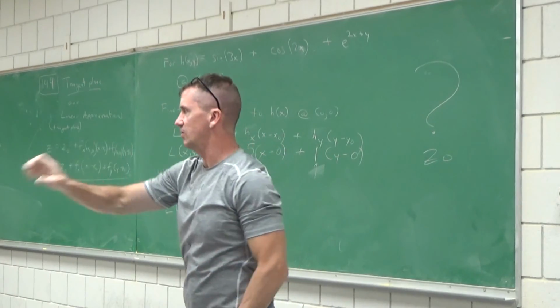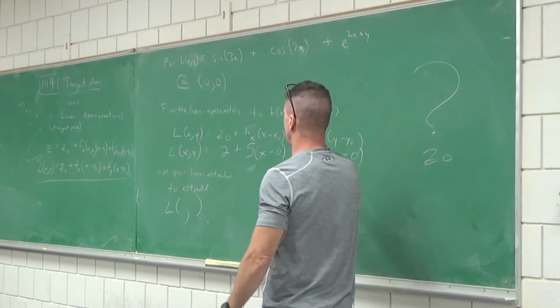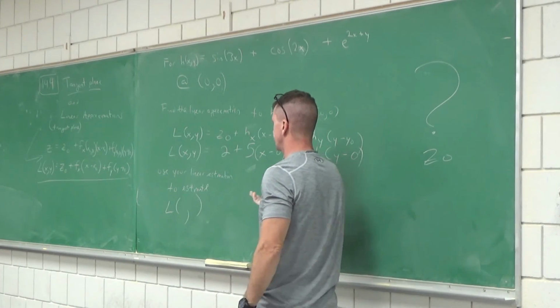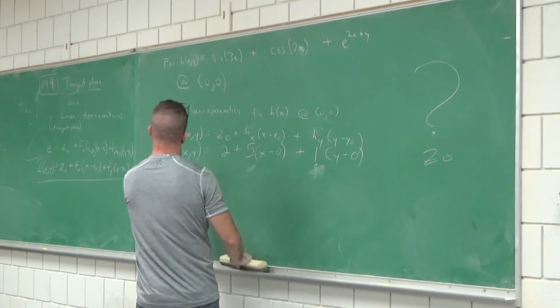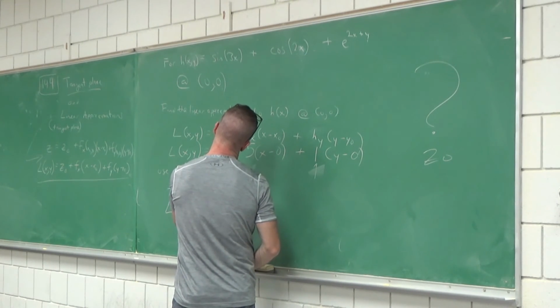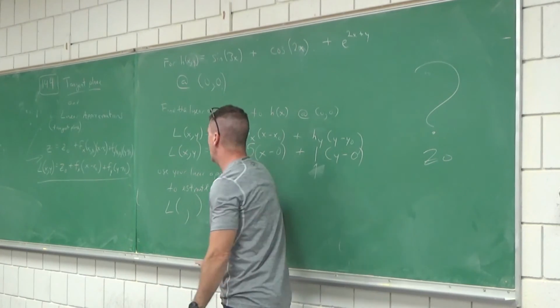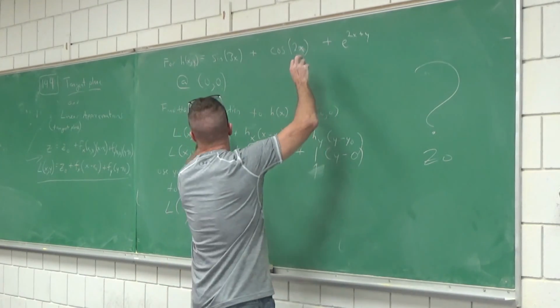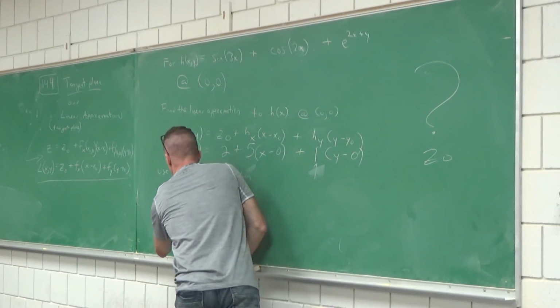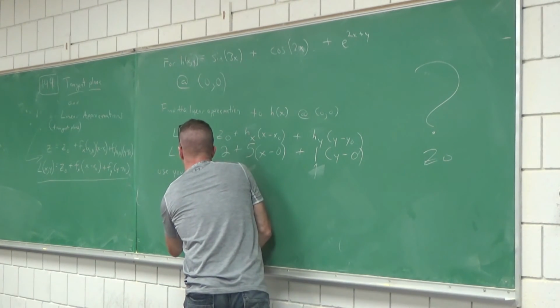These will be numbers really, really close to 0, 0. But use your linear estimation, or approximation. That's a more appropriate word. Use your linear approximation to estimate L of, okay, 0.1 and negative 0.1?